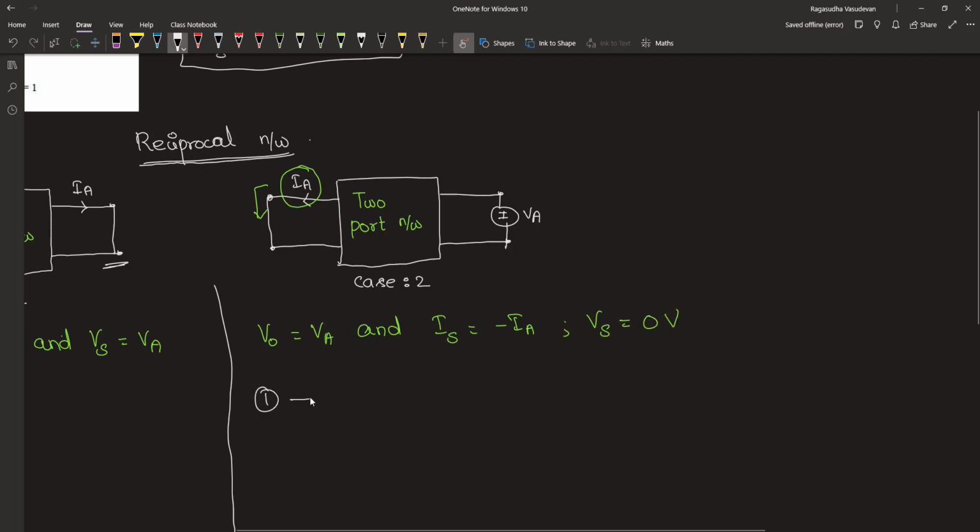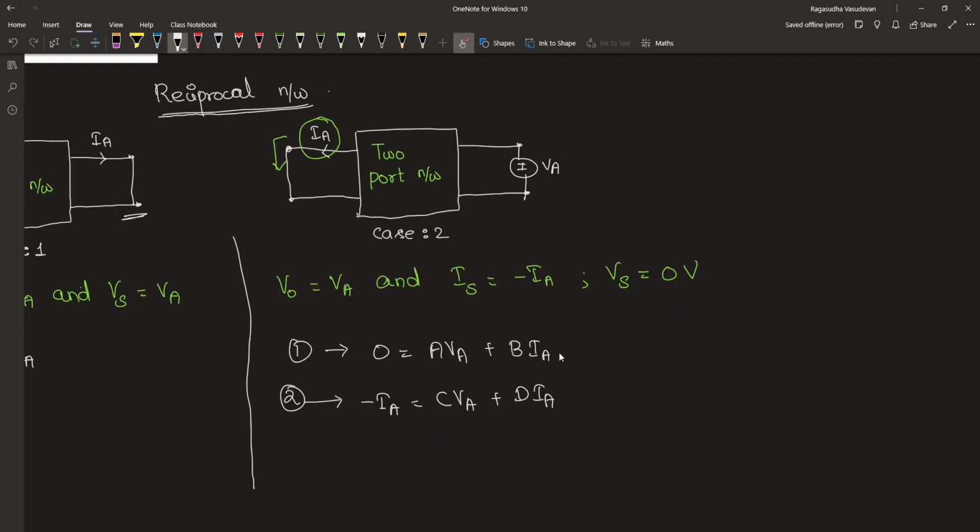The first equation becomes 0 equals A times VA plus B times IA. And the second equation becomes minus IA is equal to C times VA plus D times IA. Now let's find the value of IA from the first equation and substitute here.